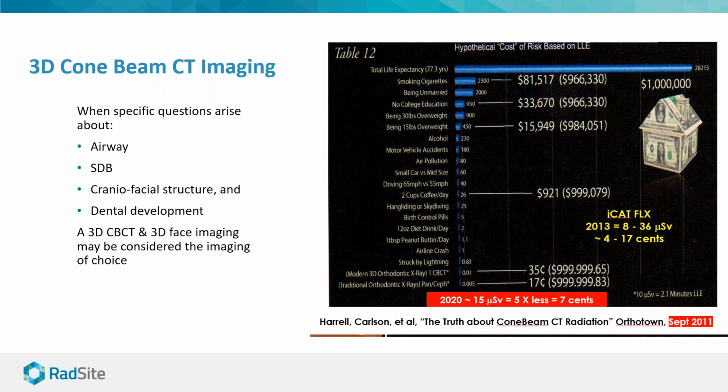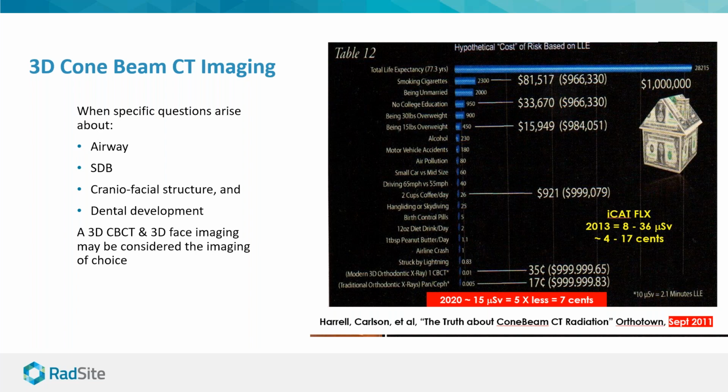If you've got a total life expectancy of a little over 77 years, if you smoke cigarettes, you're going to lose almost 80 something thousand dollars worth of your house. 2 cups of coffee a day costs you about $921. If you come way down here to modern 3D orthodontic ConeBeam x-rays, it costs you about 35 cents. That's at a 74 microsievert range.